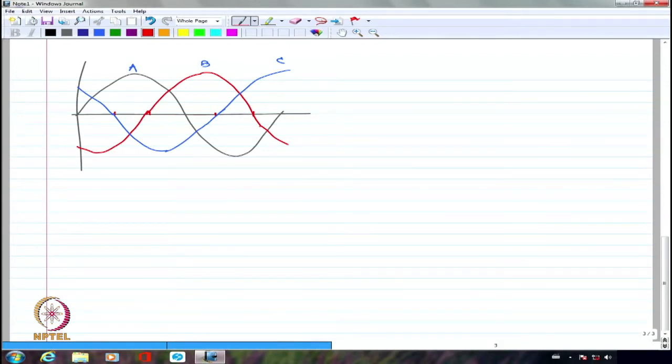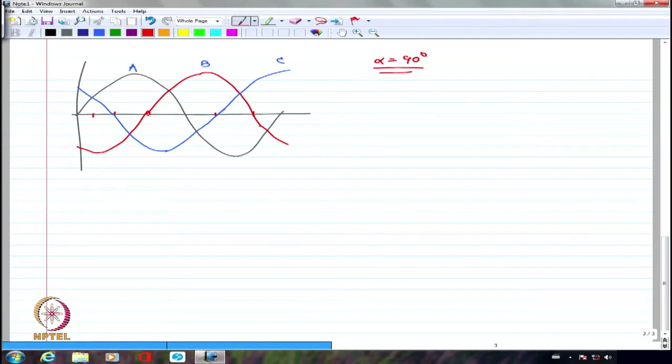So let us say we'll go for 90 degrees. Let me check for alpha equal to 90 degrees what happens. This is actually my alpha equal to 0. So I'm going to have this is alpha equal to 90.